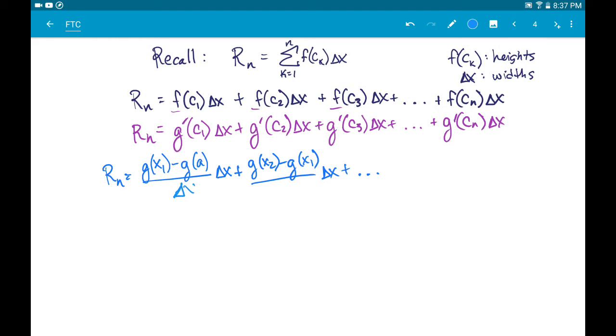All of these are delta x's. All of my widths are delta x's. Let's fill this back in. We had g of b minus g of xn minus 1. But now that width is a delta x. And behold, we have some simplification that's in order.